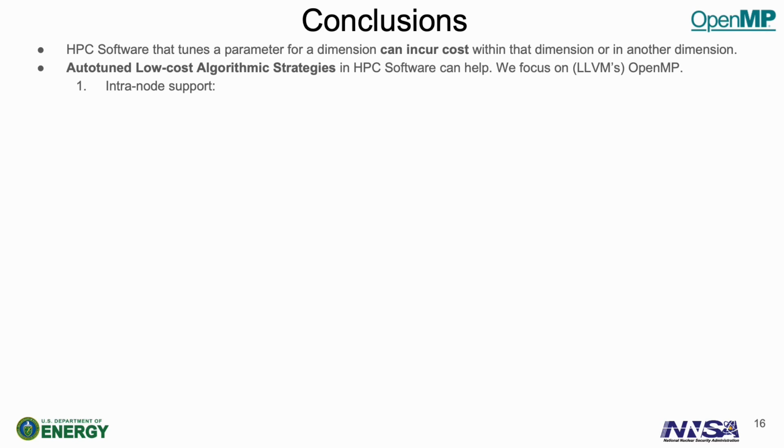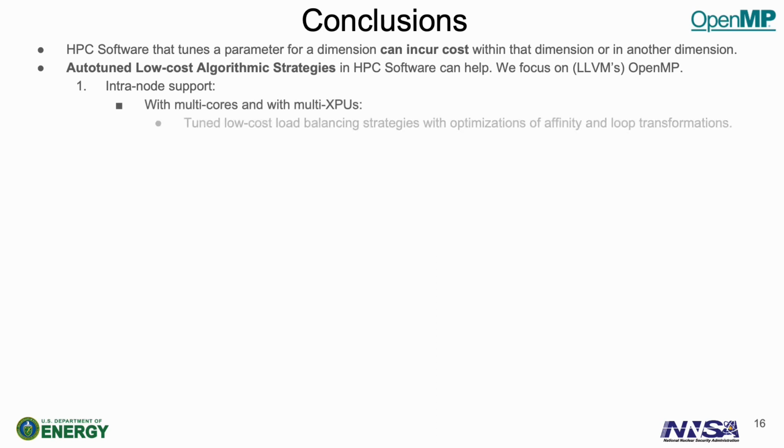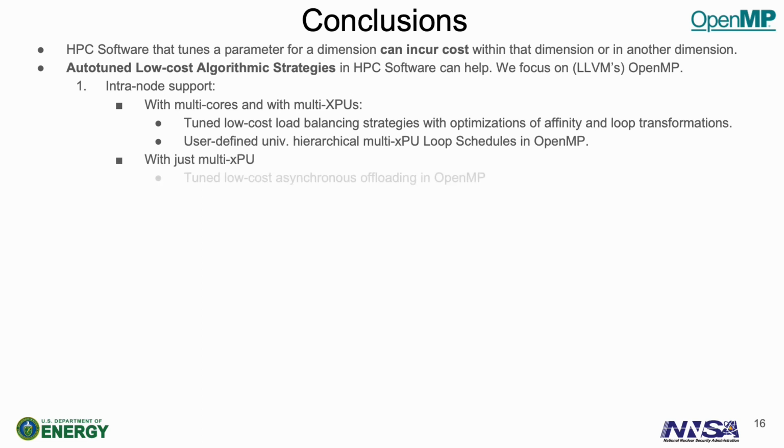There are different ways that we looked at doing this. I showed the intranode support, which is the core support, for the multi-cores and multi-XPUs. And then with just multi-XPU, I showed this tuned low-cost asynchronous offloading.